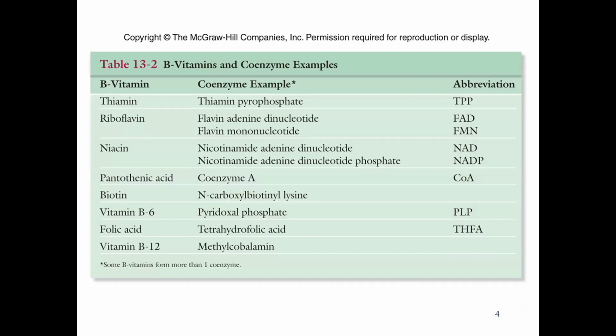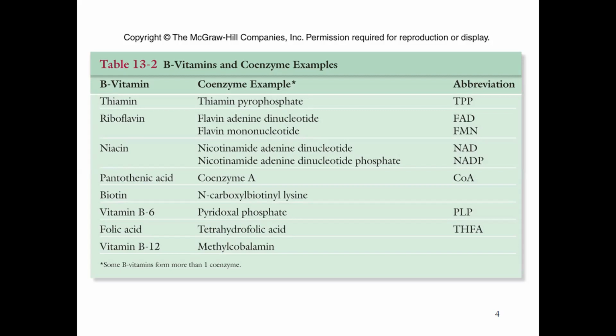One of the things that makes these water-soluble vitamins, especially the B vitamins, confusing is that they are referred to sometimes by their B vitamin name, which you've probably heard of or maybe seen on a food label, but its function in the body as a coenzyme has its own coenzyme name.